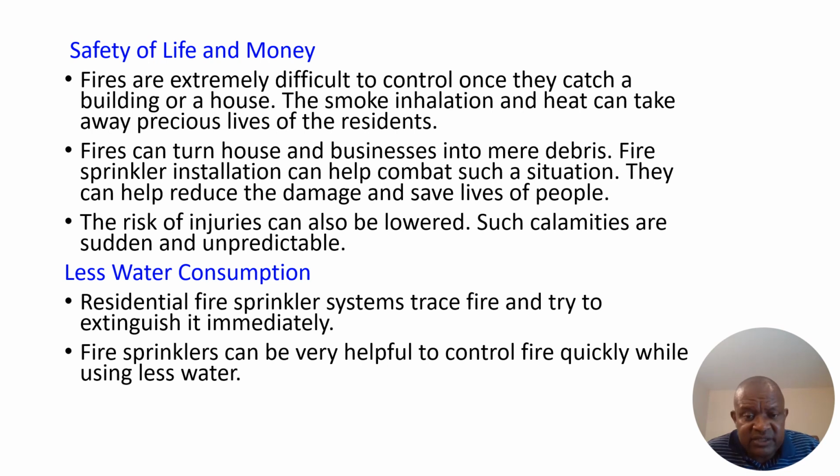So fire sprinklers have another advantage, less water consumption. Residential fire sprinkler systems trace fire and try to extinguish it immediately. Fire sprinklers can be very helpful to control fire quickly while using less water. So they don't use much water.